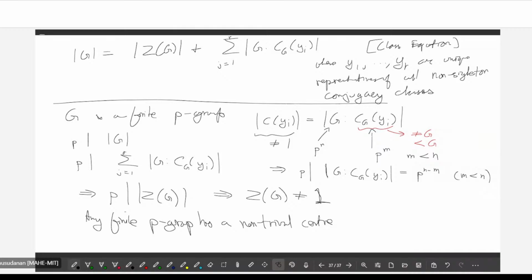In particular, if the group is abelian, then the center is the entire group. But it may be non-abelian, though it will have a non-trivial center. The center is definitely abelian, because it is the set of all elements that commute with everything, so it will also commute inside itself. The center is an abelian group.